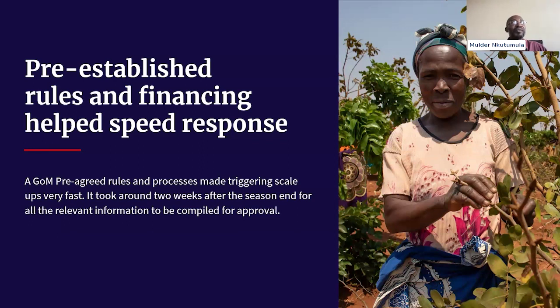For example, if a district triggers, how long should it take for us to disperse the funds to the service providers? Who should be in a position to sign, to authorize the report? We have all these arranged already.